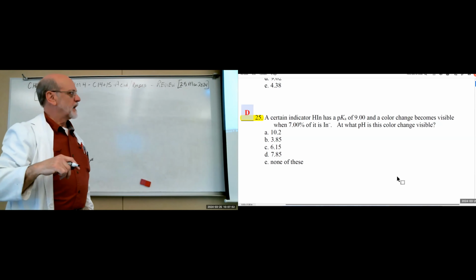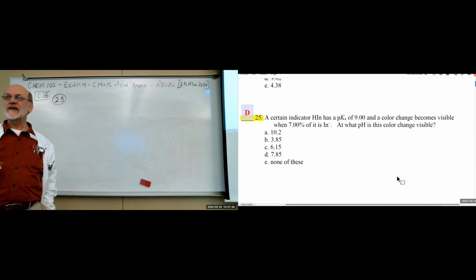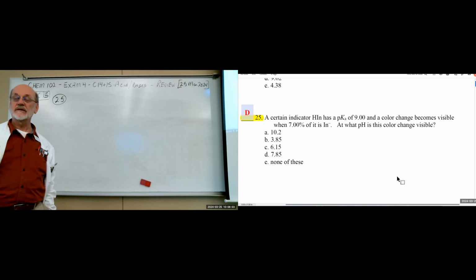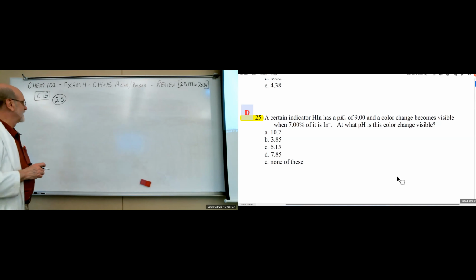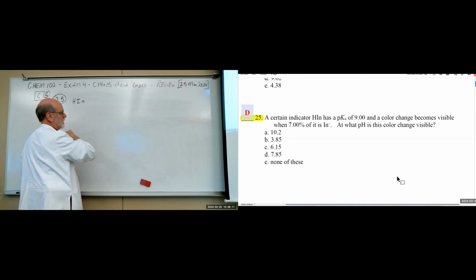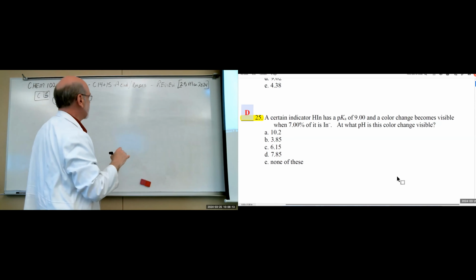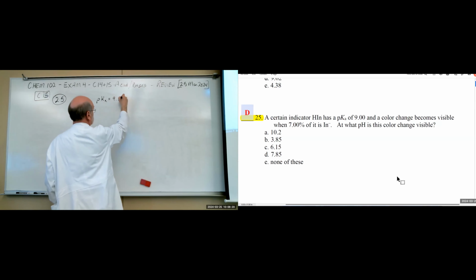A certain indicator HIn has a pKa of 9, and the color change becomes visible when 7% of it is In minus. At what pH is the color change visible? All right. Let's say we have this indicator, and it has pKa, I'm just putting the stuff we know up here, of 9.00.